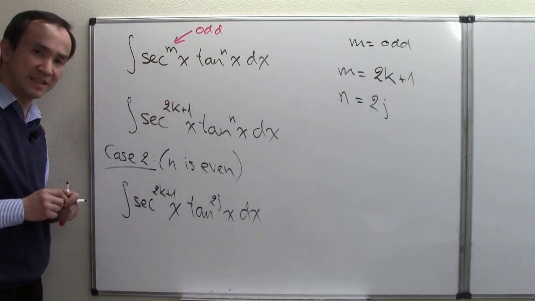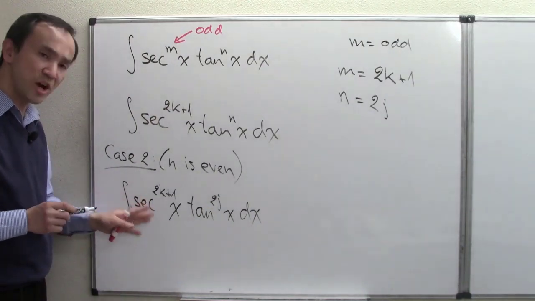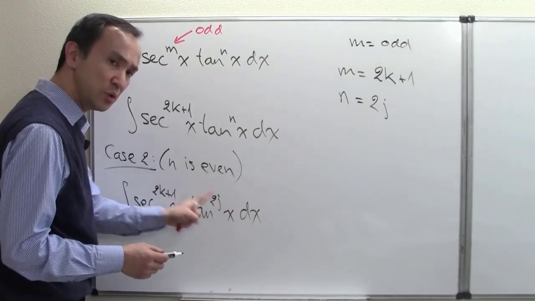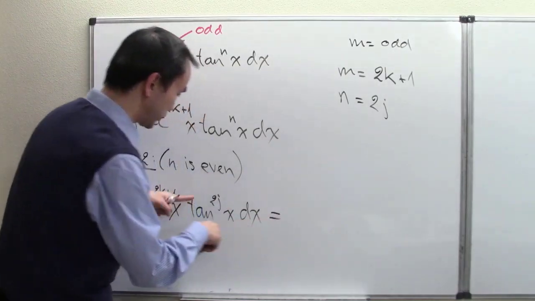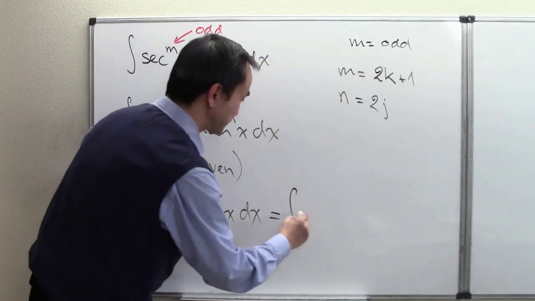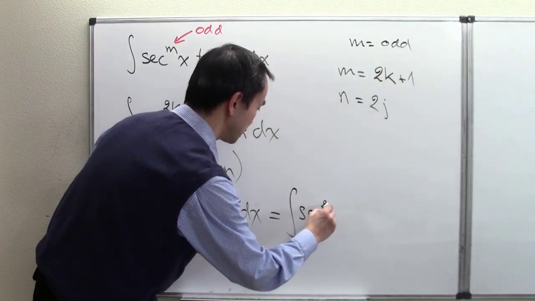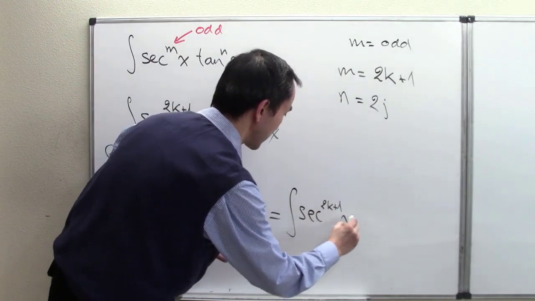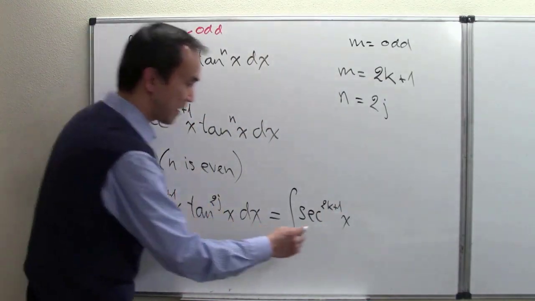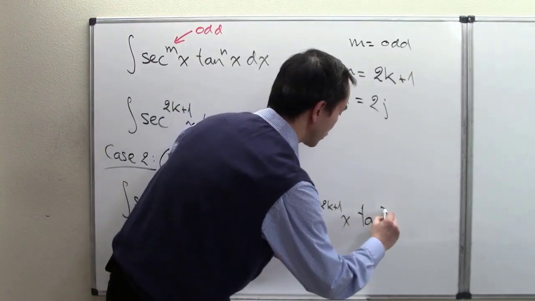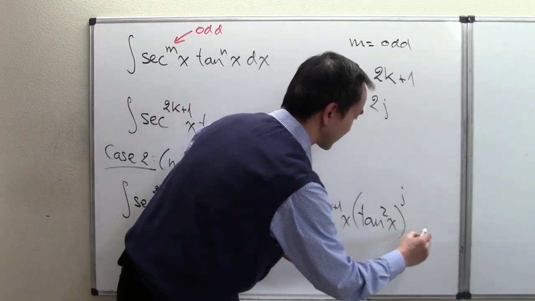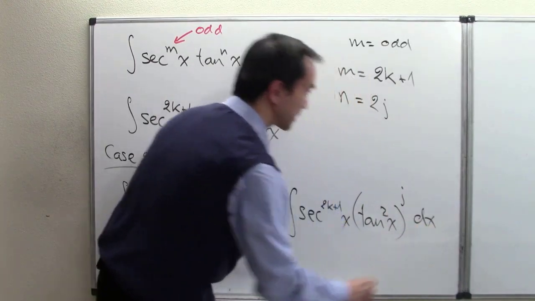All right, so with this problem, the secant to the power 2k plus 1 stays the same, but for the tangent, I'm going to take advantage of that 2 times j power, so I'm going to write that as tangent squared of x raised to the power j, with a dx.